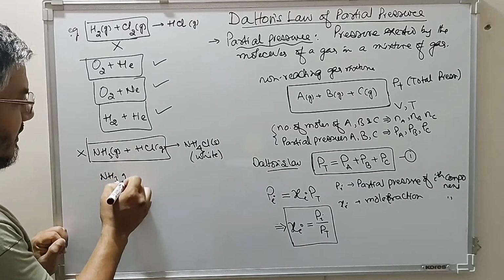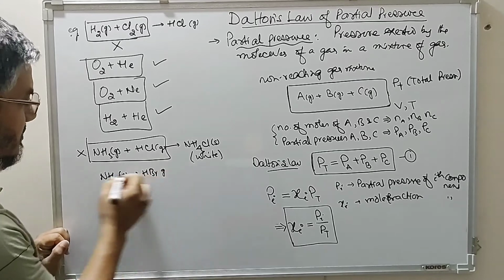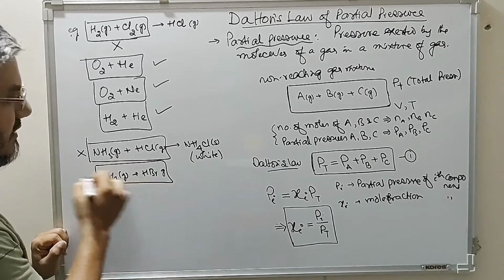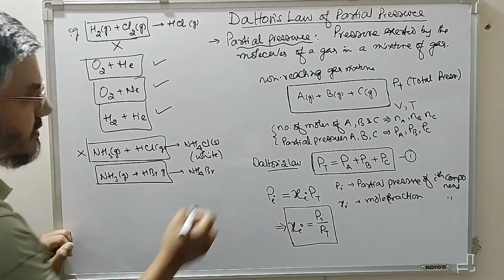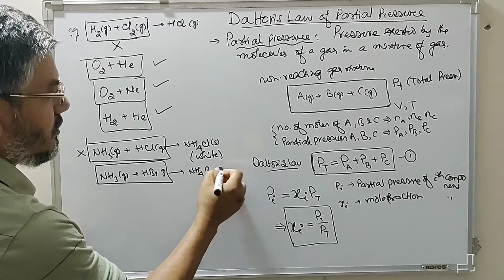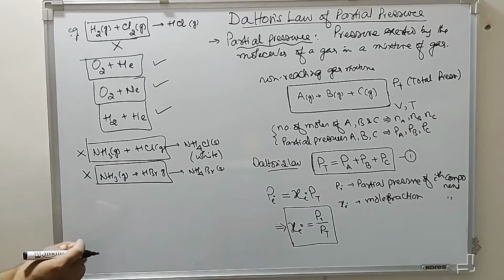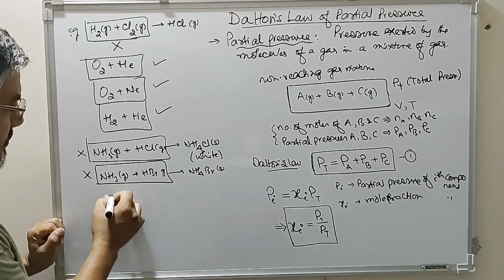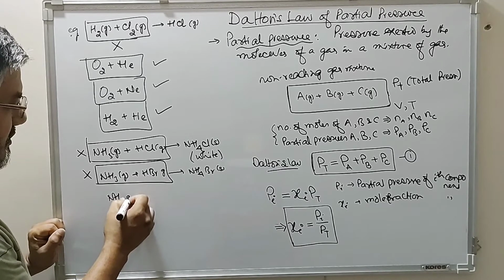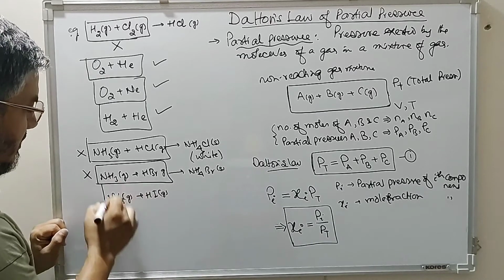Take ammonia gas plus HBr gas. Again this reacts to give you ammonium bromide, which is again a solid. So again for this mixture Dalton's law will not be applicable. Similarly, look at this, we have ammonia gas plus HI gas.